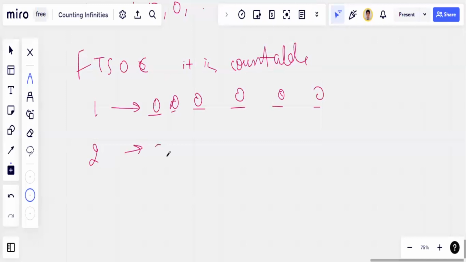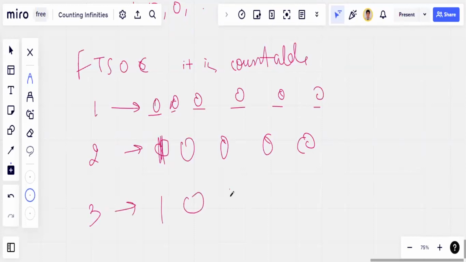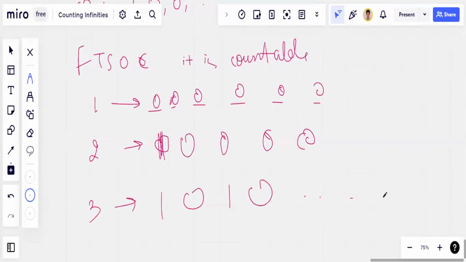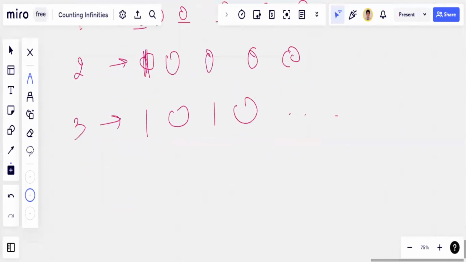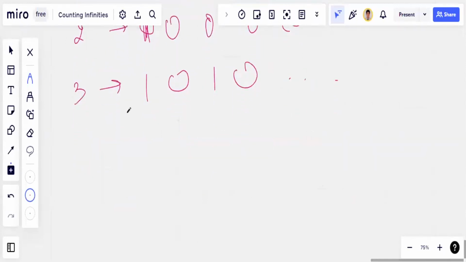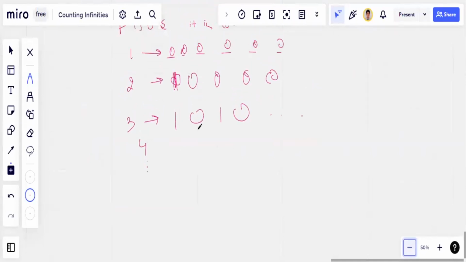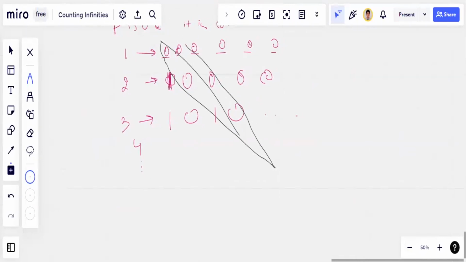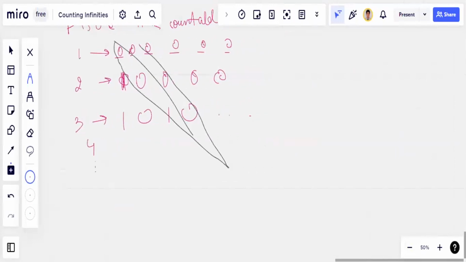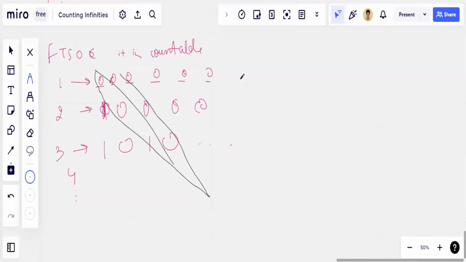On the second position you have 1, 0, 0, 0. Third position you have 1, 0, 1, 0. Stuff like this. Then you take all the numbers on the diagonal and you take the complement. So if it's a 0, you write a 1. That sequence won't have been in your original set because some term is different. So what we do is we consider it as another 0, 1 sequence.